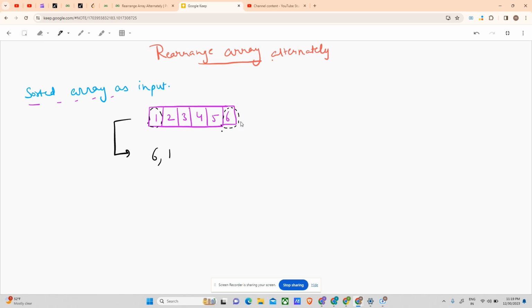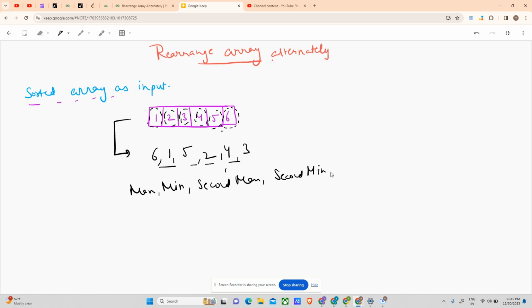As you have encountered 6, move back to the 5. Now come to 2, now come to 4, now come to 3. So what you are doing is max, min, then second max, then second min, and so on.